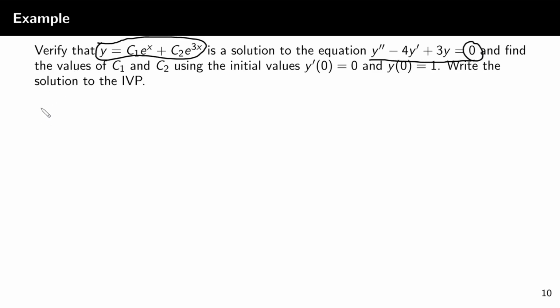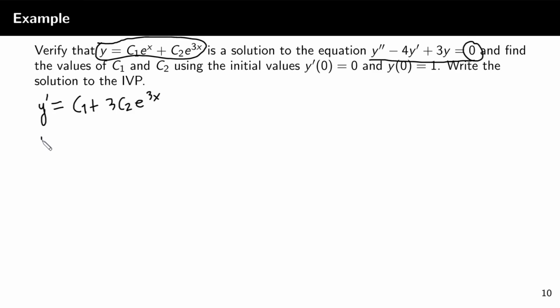So let's first compute the value of y prime. So y prime is equal to c sub 1 e raised to x plus, we need to use the chain rule on the second term, we have 3 times c sub 2 e raised to 3x.